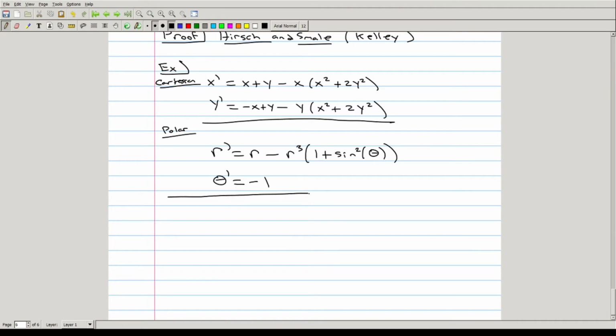But we can still use this, even if we can't directly solve this, in the following way.